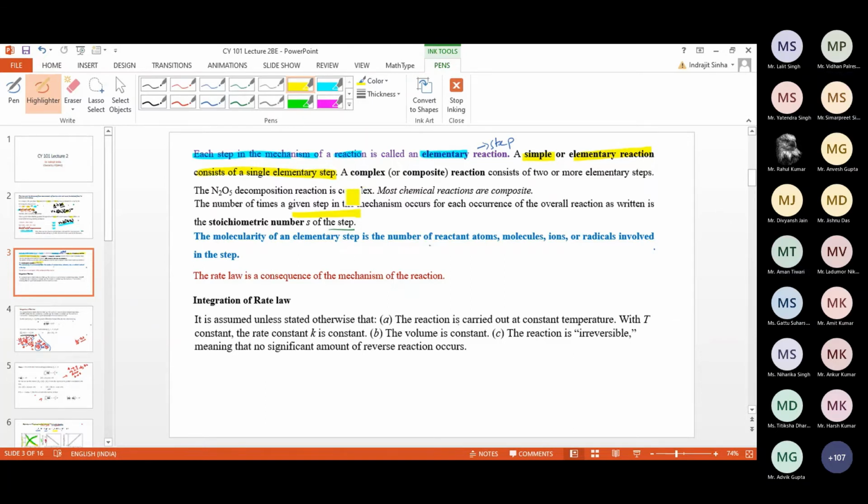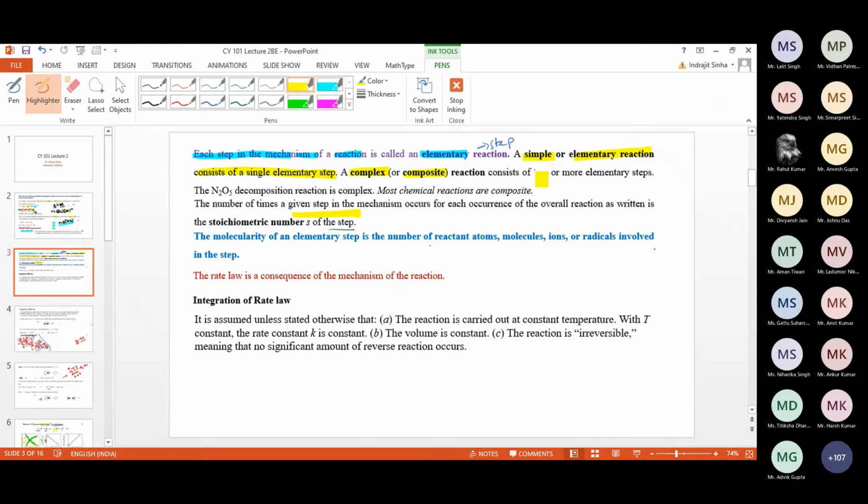And if the reaction has more than one elementary step, then it is called a complex or composite reaction. All right. These terms are actually used, different books use different terms, but generally it simply means that the reaction consists of more than one mechanism step.